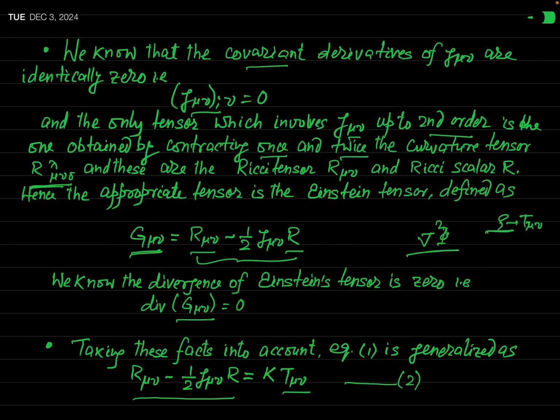So equation 1 is now written like this: R mu nu minus half g mu nu times R equals K times T mu nu.